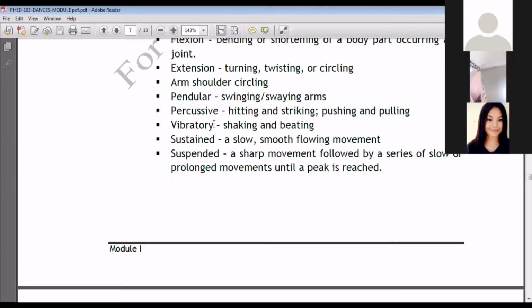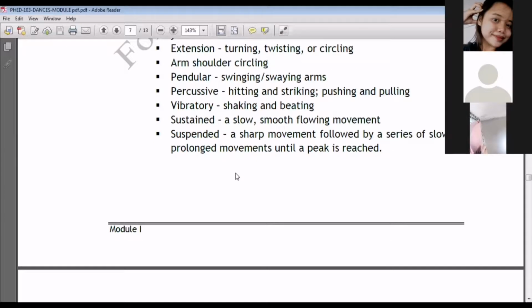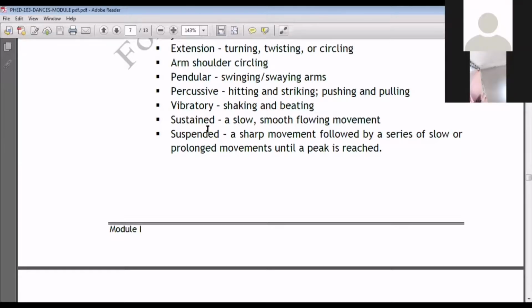Then we also have vibratory non-locomotor movement, that is beating and shaking. Shaking of the shoulders, shaking of the head. Shake your hips, your fingers. So that's it. That's your vibratory movement. Then sustained is a slow, smooth, flowing movement.